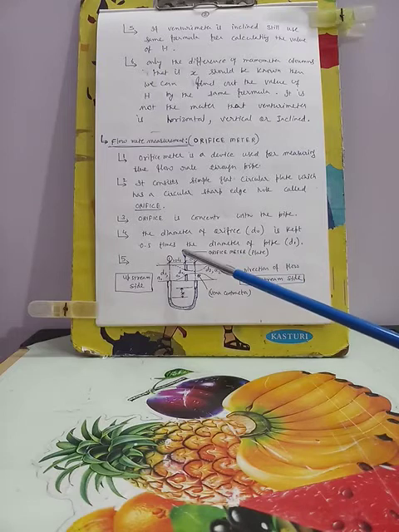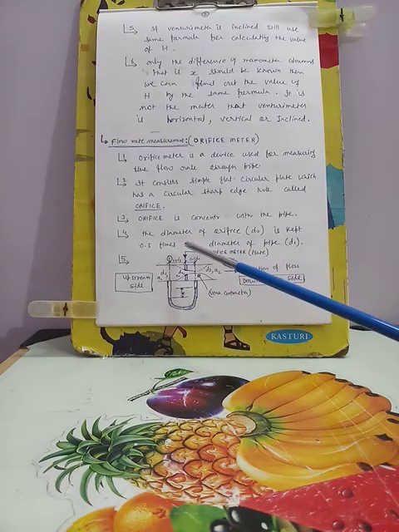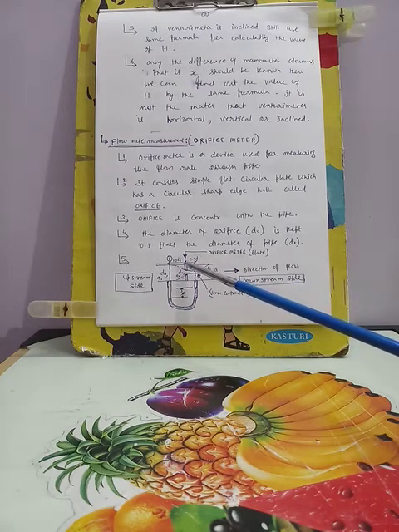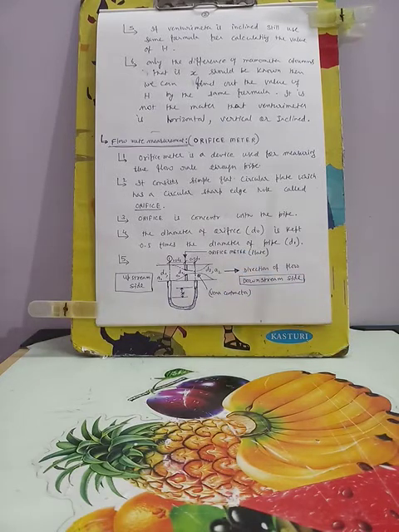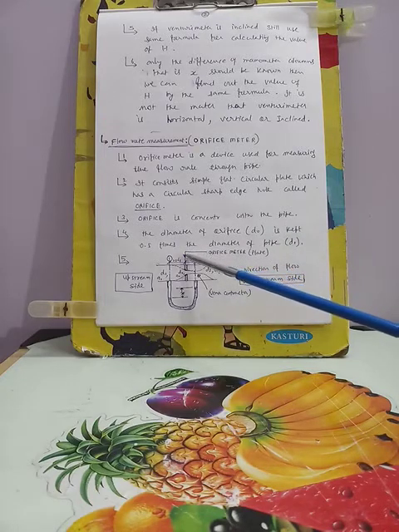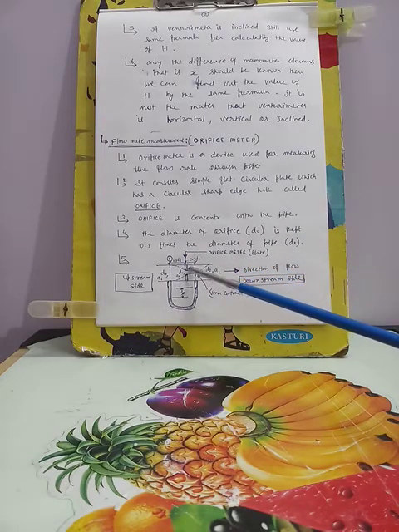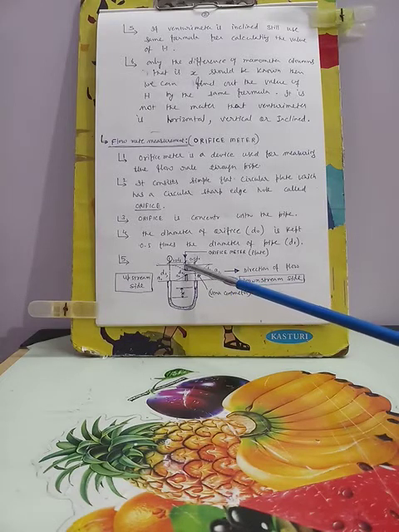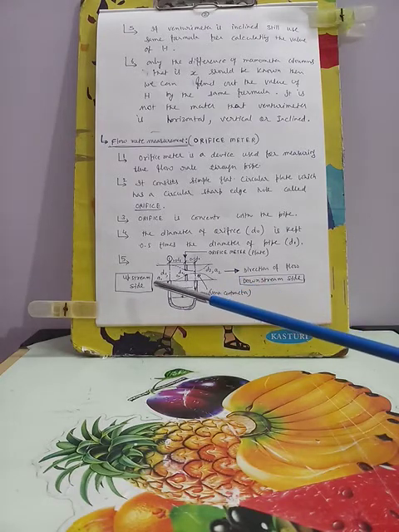So wherever we are interested in measuring the flow through a pipe, we fit the orifice meter in the pipe. The important thing is that this orifice must be concentric with the axis of the pipe.